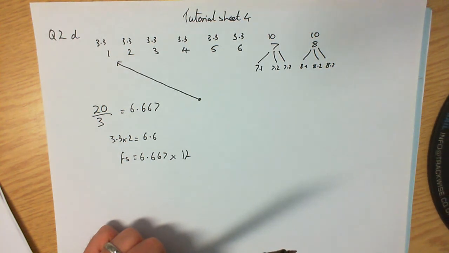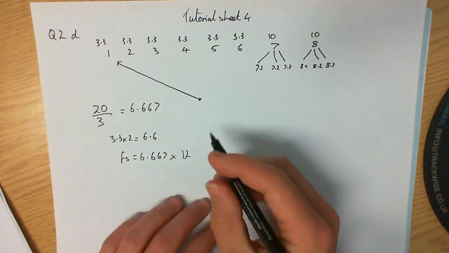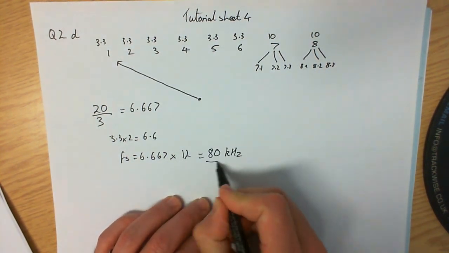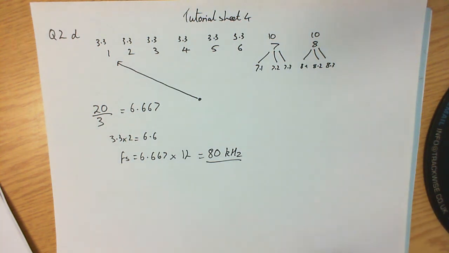And if we do that, we get 80 kilohertz. Which is a much lower switching frequency than we had on the previous examples, which was 160 kilohertz.